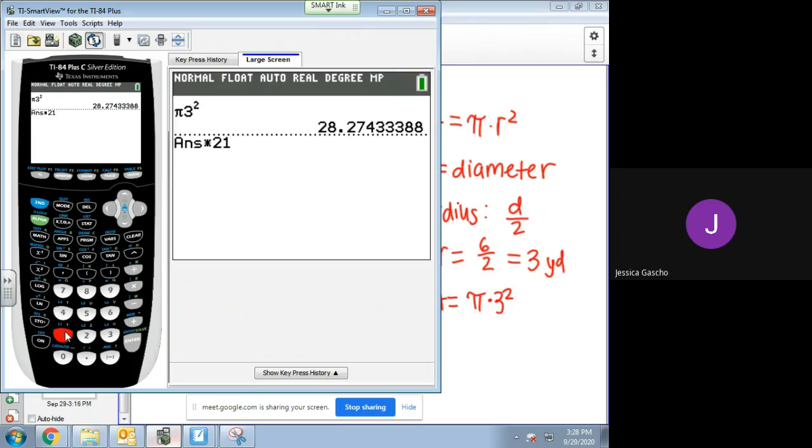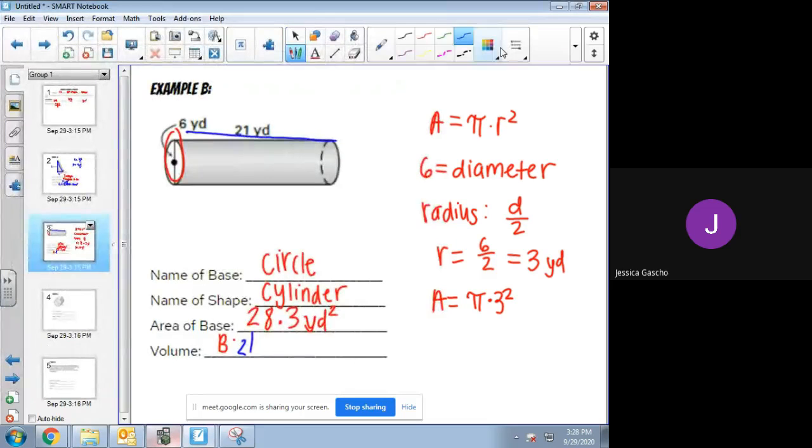So that 28.274333388 and so on is what we're using. So my final volume is 593.8 if we round to the nearest tenths. And since it's volume, it's yards cubed.